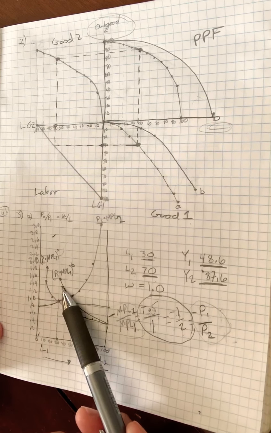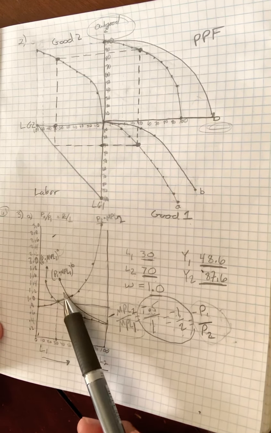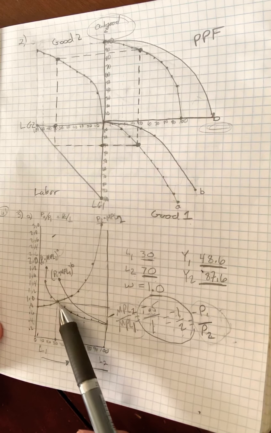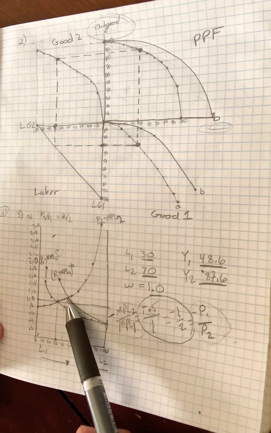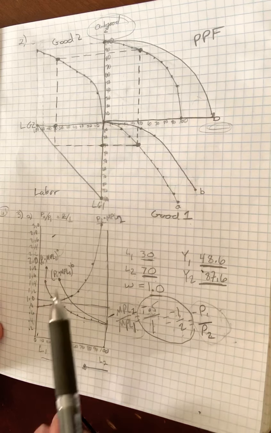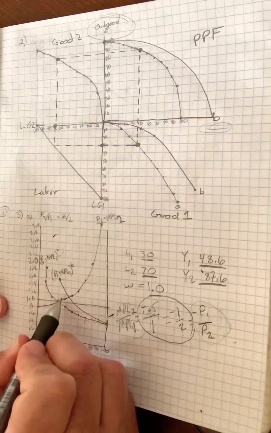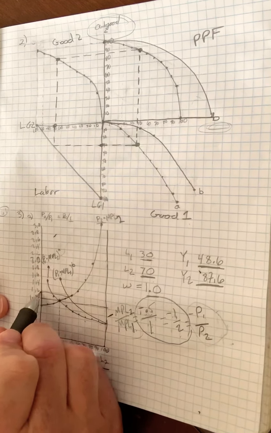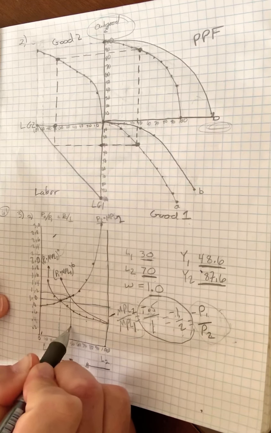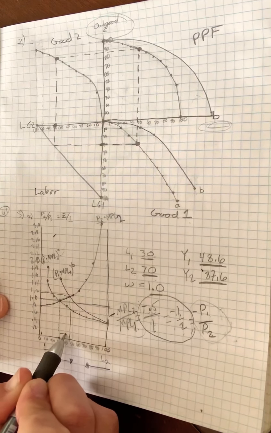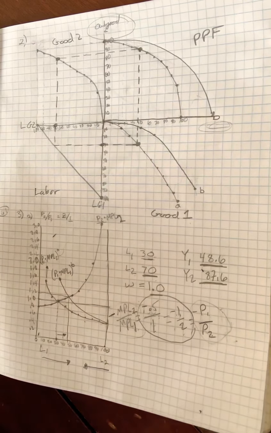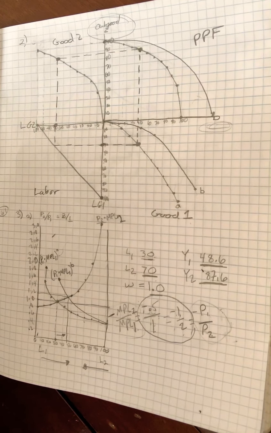So that's going to shift that marginal product curve in like this, which is going to raise the wages of the people, and it's going to shift workers too. So we see we get an increase in wage, and we get an increase in laborers in good 1 and a decrease of laborers in good 2.